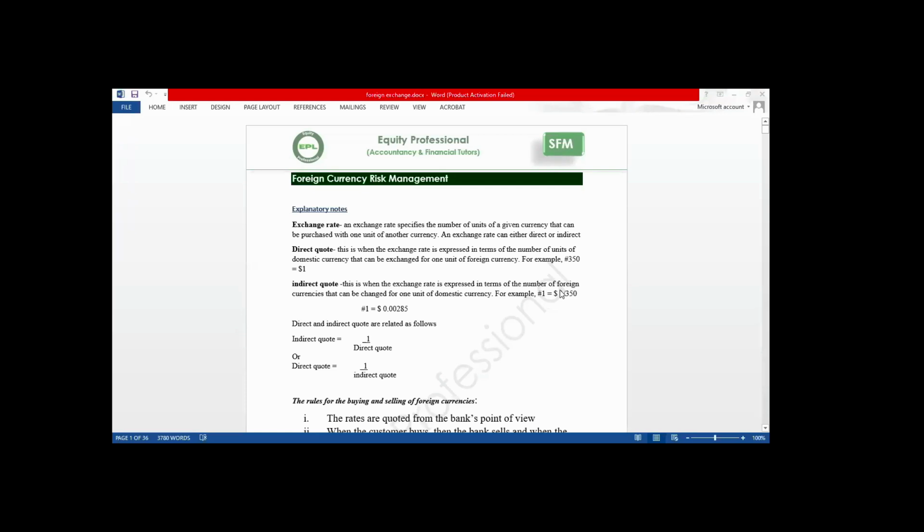This is the number of units of domestic currency that can purchase 1 unit of foreign currency. Like the example we gave, 1,750 naira to $1.